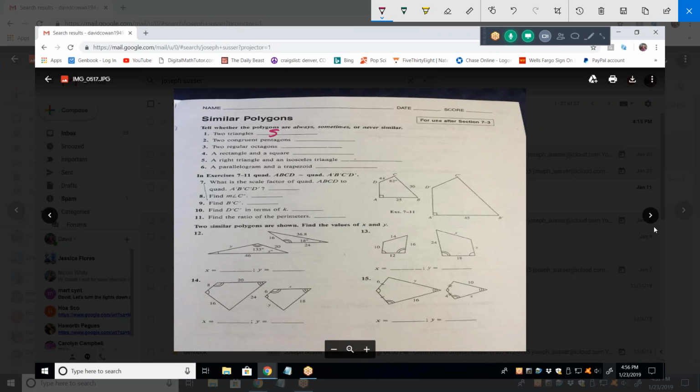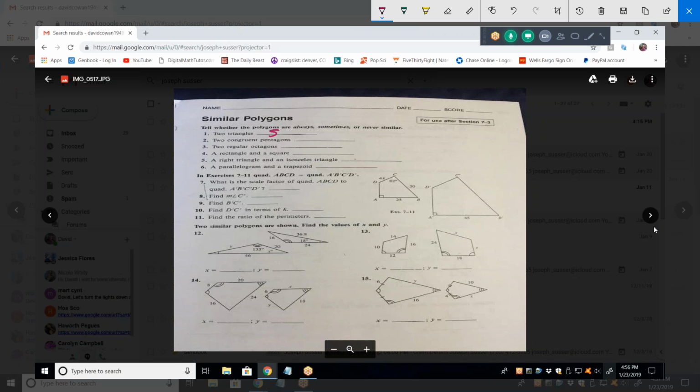2 congruent pentagons. Well, if they're congruent, they have to be similar, so I think that's always. Yeah, congruent would mean they have 5 same angles and 5 same sides, just like congruent triangles. When you have 2 triangles congruent, they have to have the 3 same sides and the 3 same angles.